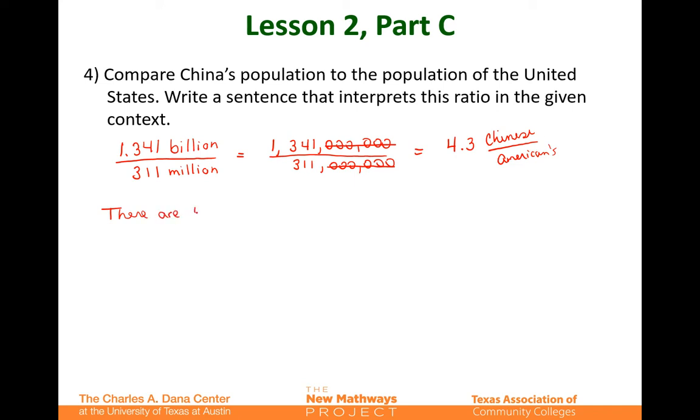There are 4.3 Chinese citizens for every 1 American citizen. In other words, the population of China is more than 4 times larger than the population of the United States.